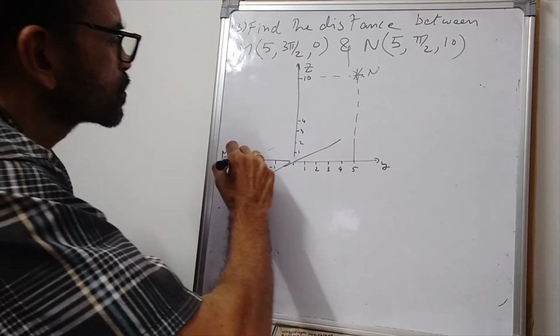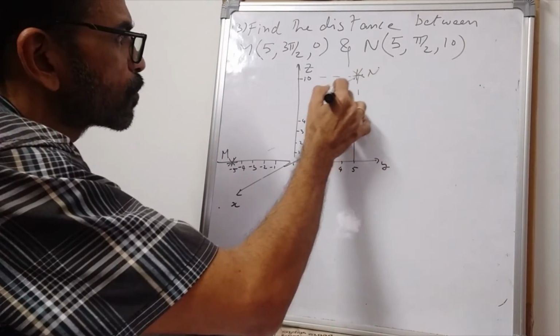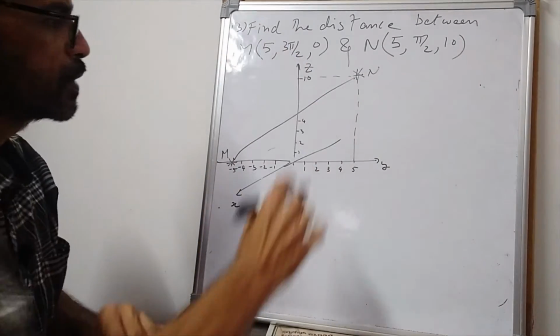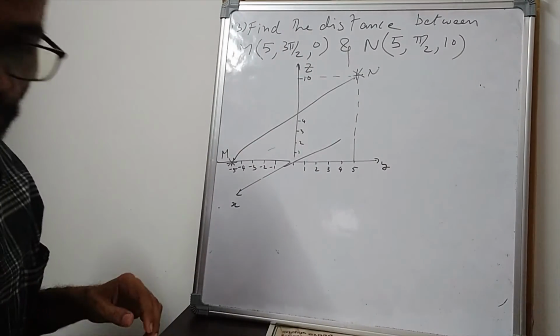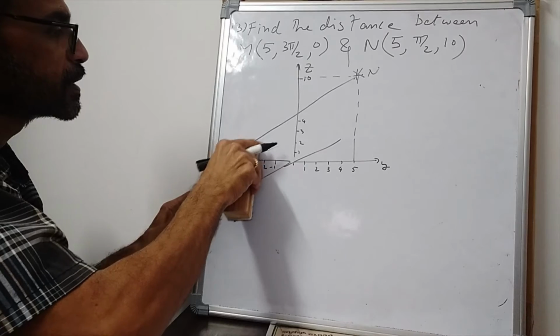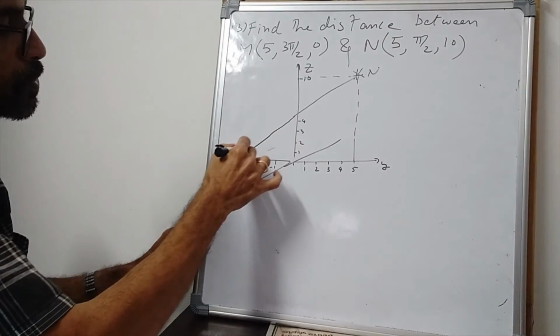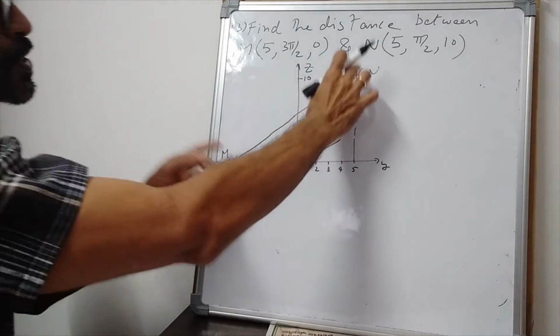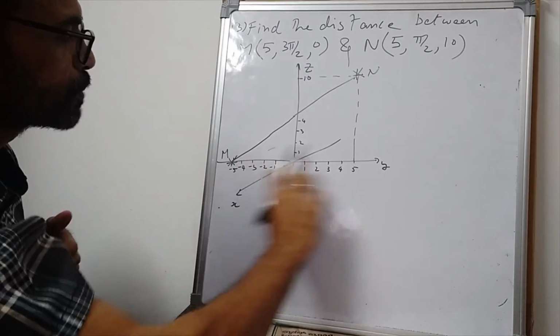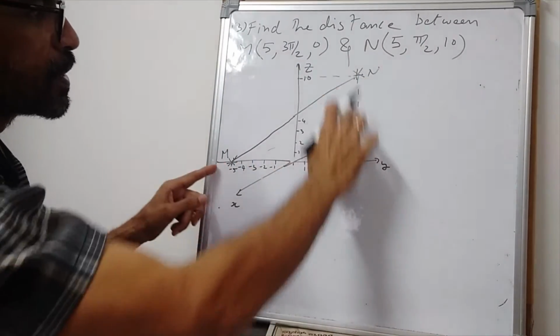Now we have to find the distance between these 2 points, that's all. The distance between these 2 points is a straight line. This distance we can easily find from this right angle triangle.